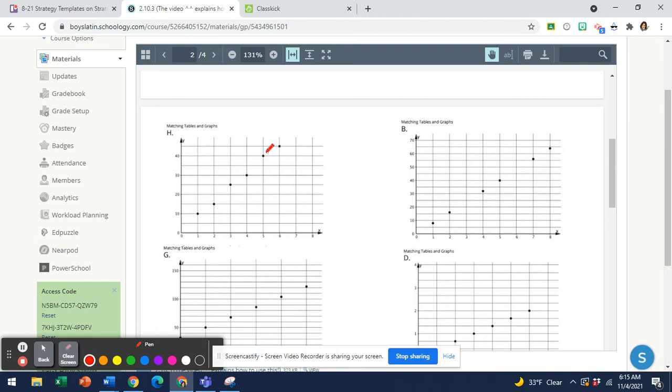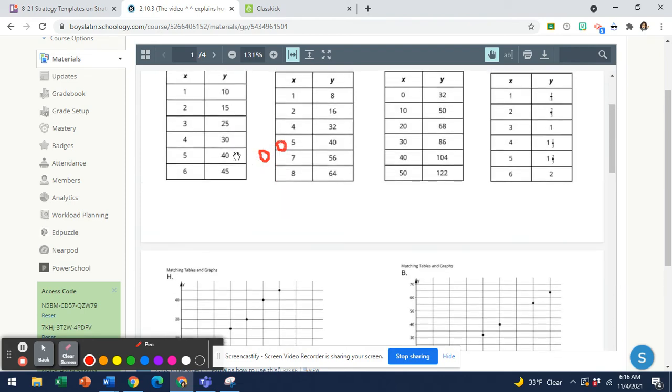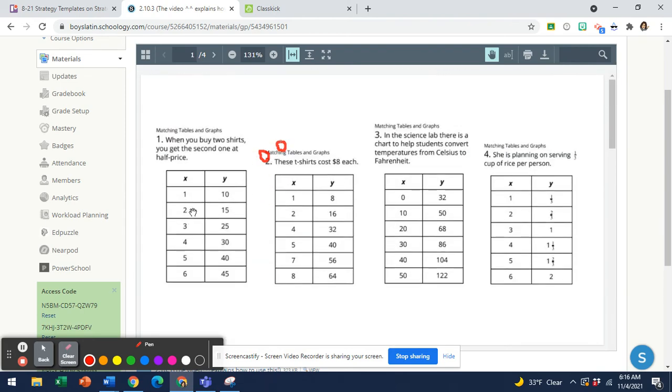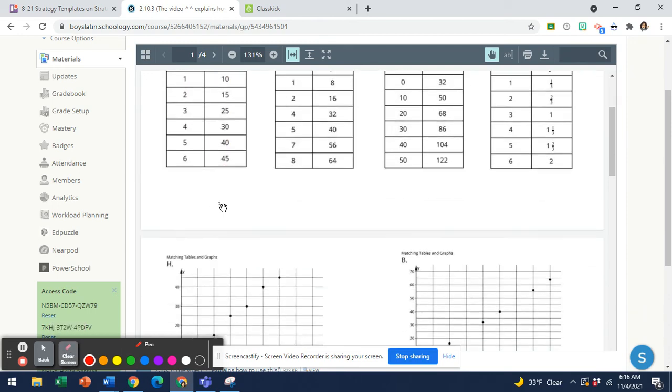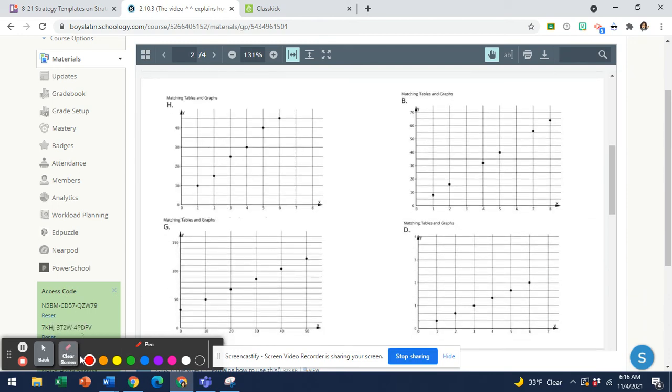And I've also got 5, 40, and I've got 6, 45. Let's make sure that those show up in table 1. Yep, they do. So since all of the points in table 1 match all of the points in graph H, I know that the matching table for graph H is table 1.